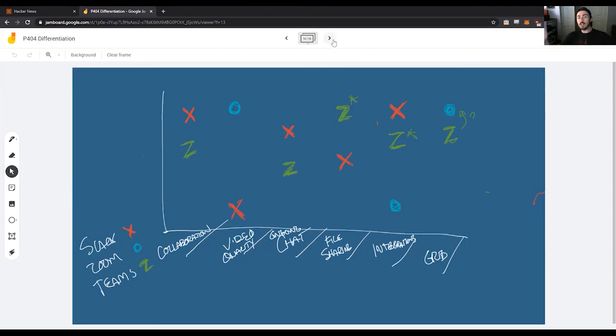But looking at this, we can start to see Zoom is clearly not competing in certain segments of the market, right? They're not competing around this collaboration world. They're not worried about file sharing. What they are going to be the best at is video quality, seeing everybody, some amount of integration to make it easier to do that.